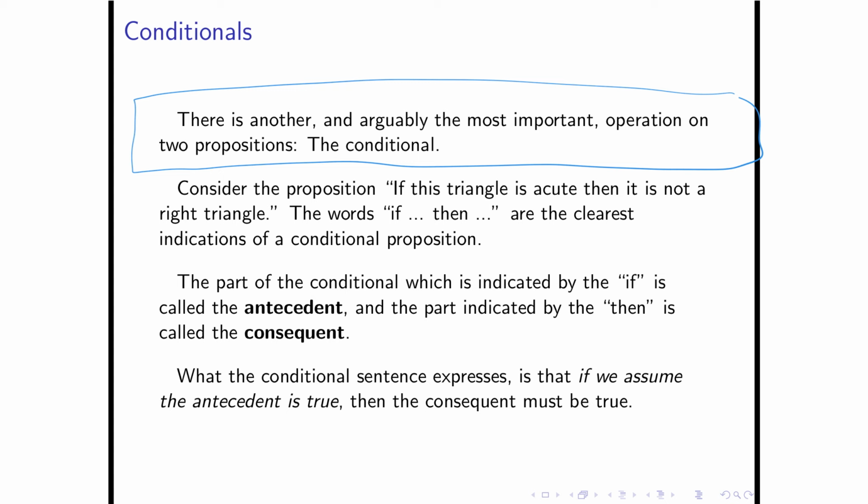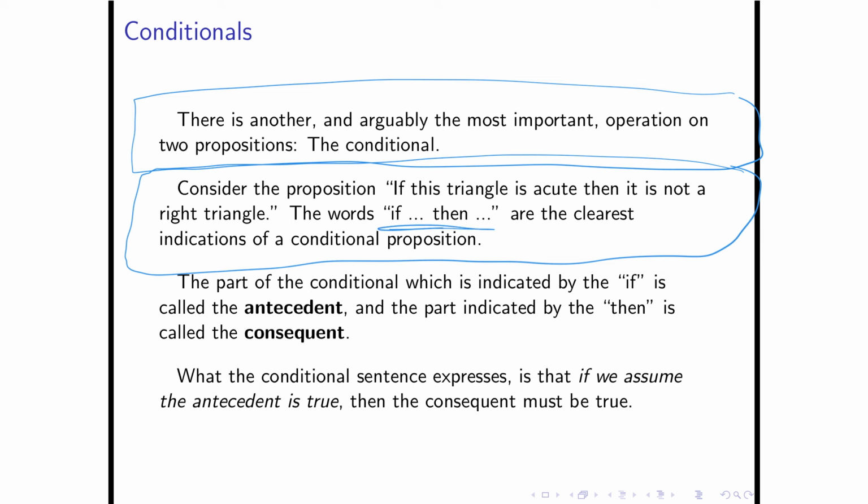This is the same, but debatably, perhaps, this is the most important among them. It's really sort of if-then, right? That's the conditional. It kind of models the behavior of the if-then clause, like in, if this triangle is acute, then it is not a right triangle, for instance.